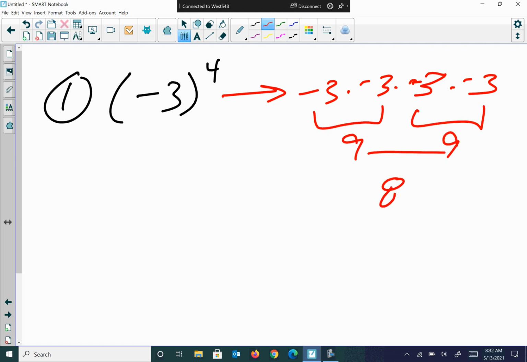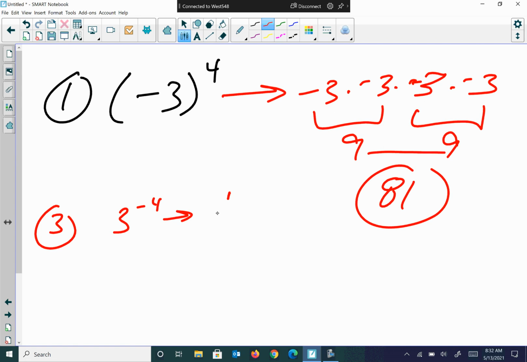Multiply those together, you got to get 81. That's all you got to do on that problem. And then problem number 3, they have 3 to the negative 4, which is going to be the same thing as 1 over 3 to the 4th. Well, we just figured out 3 to the 4th being 81. So that's how you do those problems.